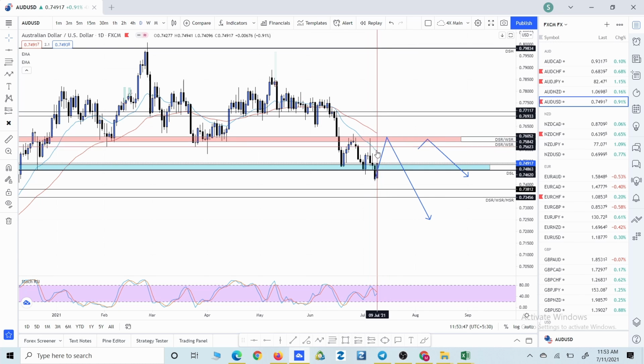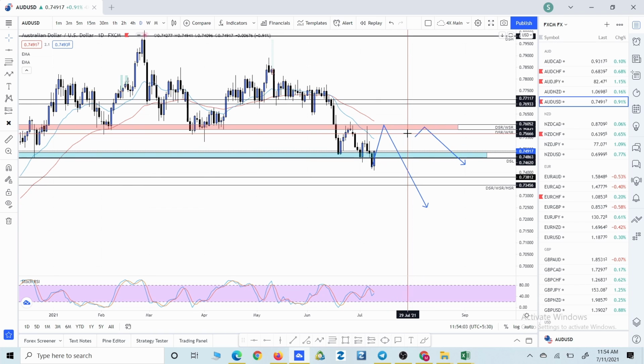And Fibonacci wise, because this is the starting point of the impulsive wave, we are expecting the price to retest the same zone. So it's a 100% retracement, but that's okay. We have the confluence factor of the EMA and the resistance zone. Also the zone is quite strong, so we will be looking for any kind of shorting opportunity in this market.